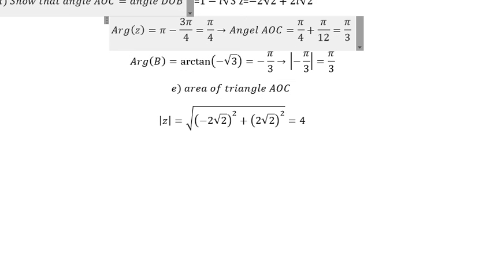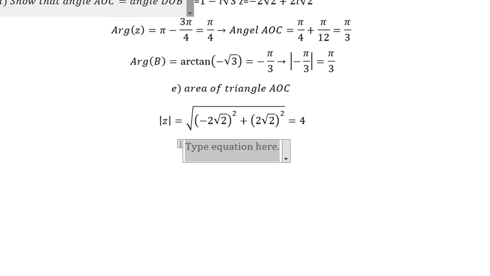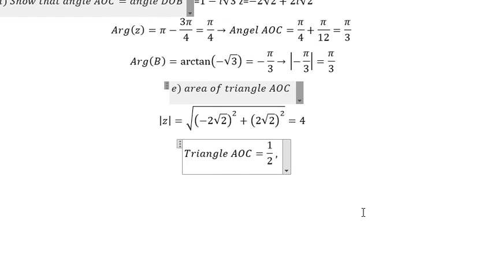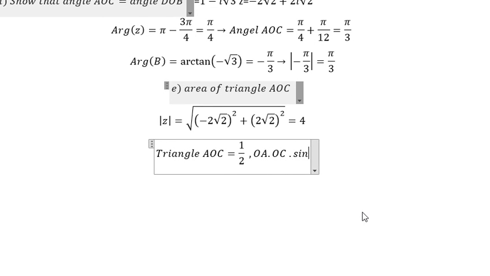That's about triangle AOC equal to 1 over 2 multiplied with OA and OC, and we will use about sine of angle AOC.